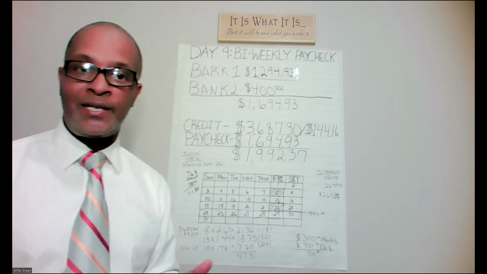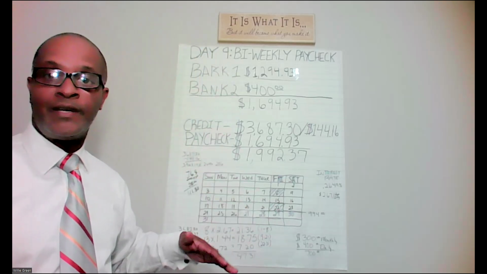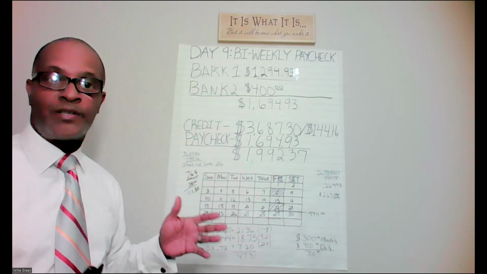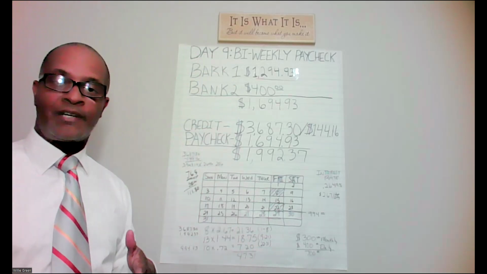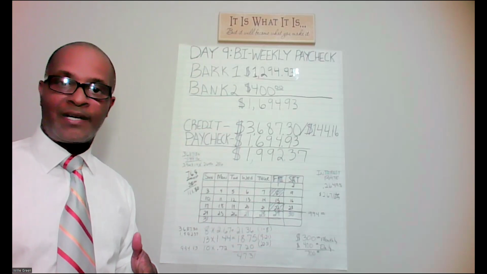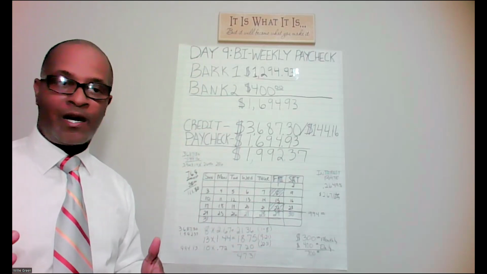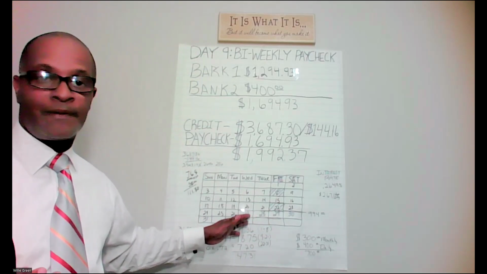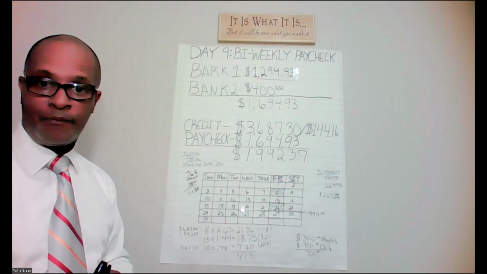In addition to the paycheck, there is the cash reward, which I don't have on here. That should help also. When I get the cash rewards for the month that come in from the different credit cards, I'll also put that in. So that's going to help out.